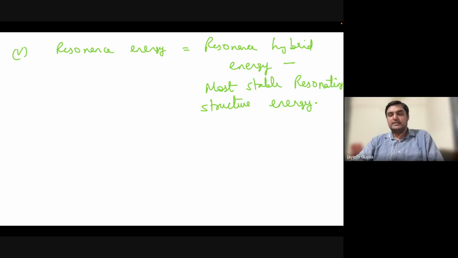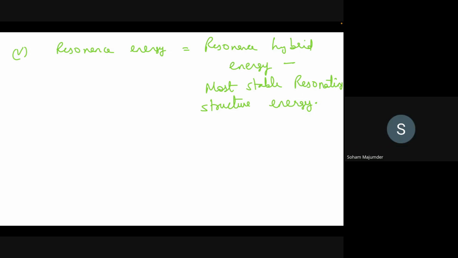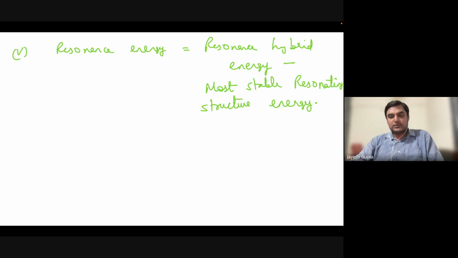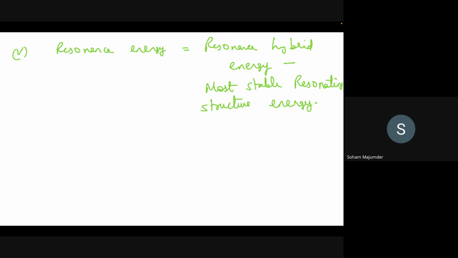How can you say it is positive? Because I feel the resonance hybrid is more stable than the resonating structure. So if the resonance hybrid is more stable, it will have less energy. Then it's negative.